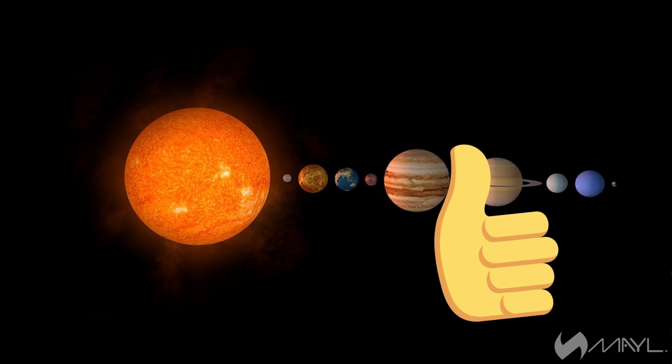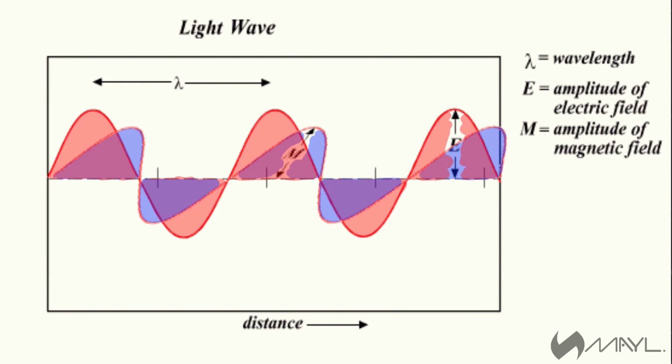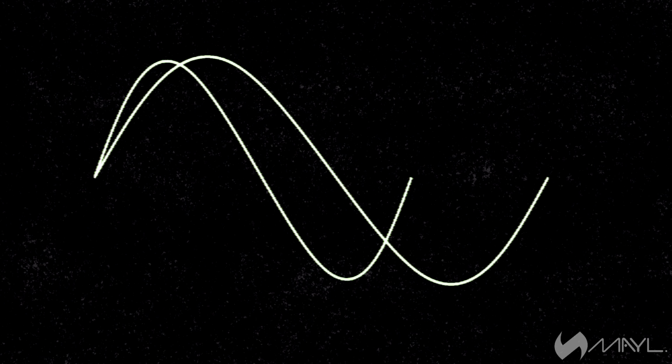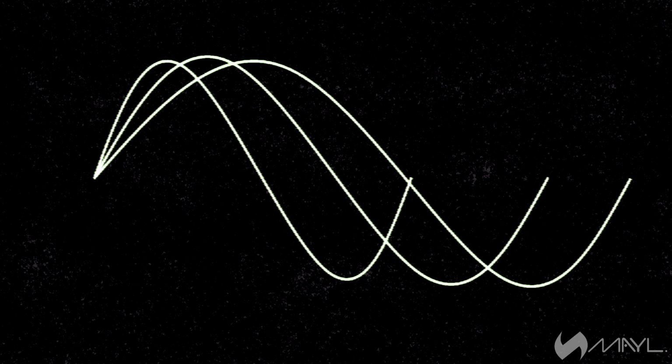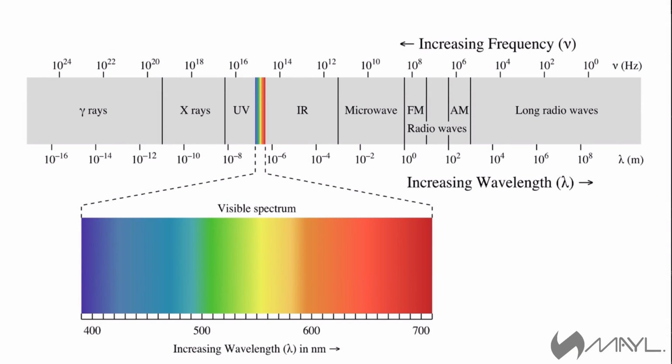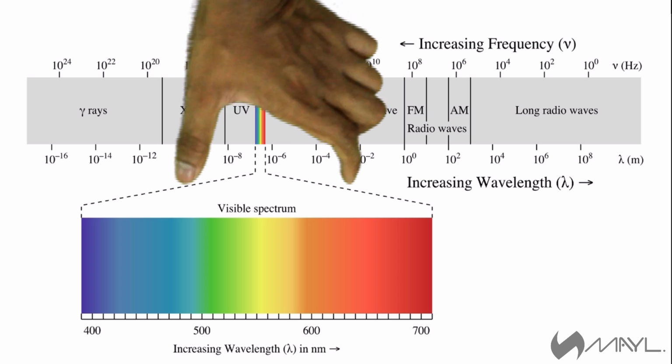Now, one of the parameters that characterize a wave is its wavelength, and these electromagnetic waves of various wavelengths belonging to a range or a continuous spectrum of wavelengths are collectively referred to as the electromagnetic spectrum. And the word light actually refers to a portion of this electromagnetic spectrum comprising electromagnetic waves of wavelengths about 400 to 700 nanometers.